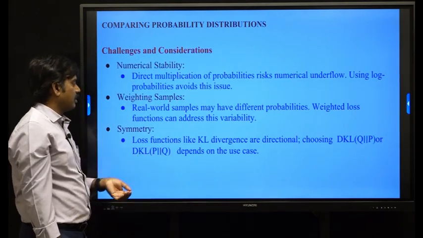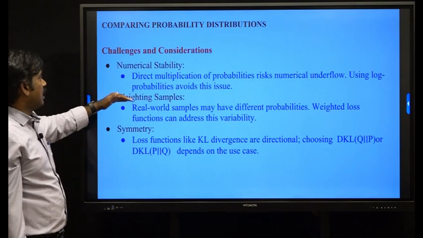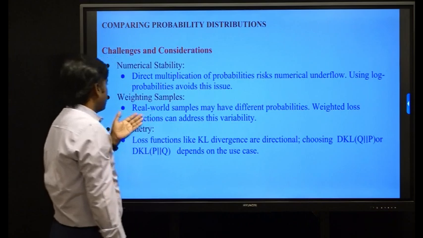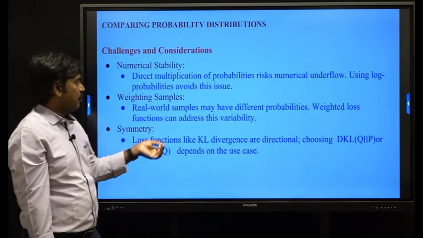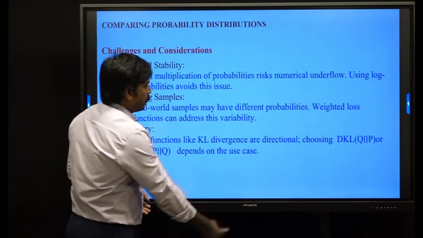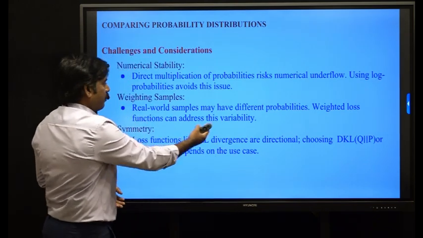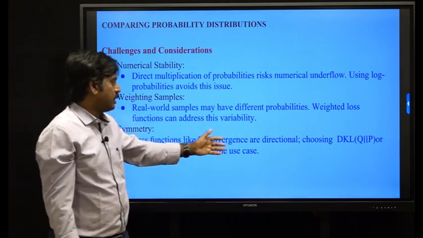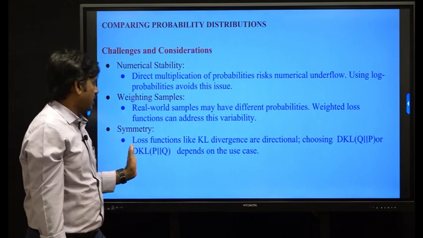So numerical stability is solved by using log probabilities, sample variability by weighted samples, and KL loss functions are directional.